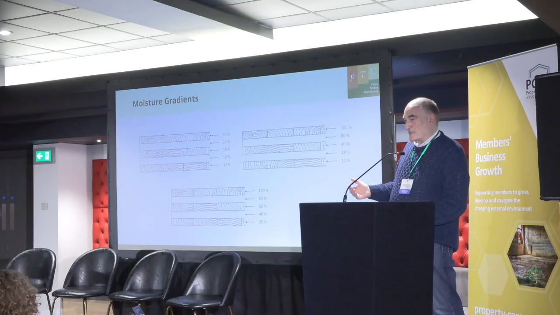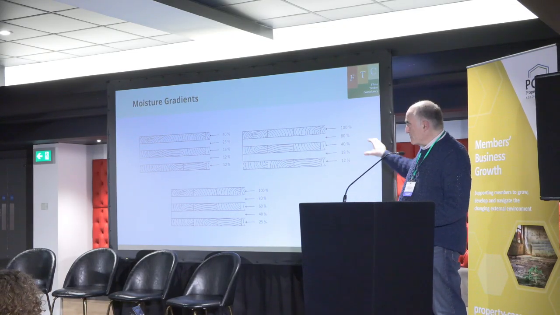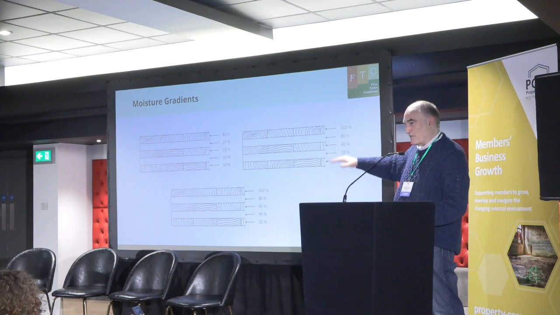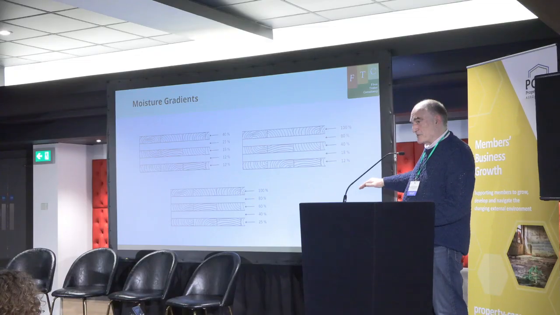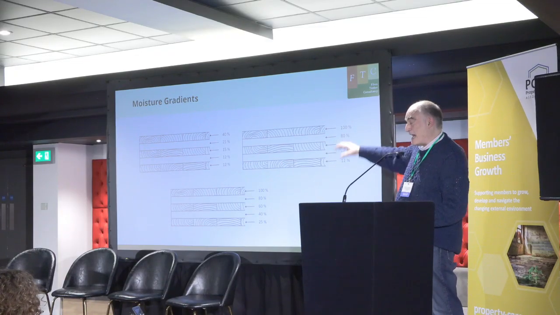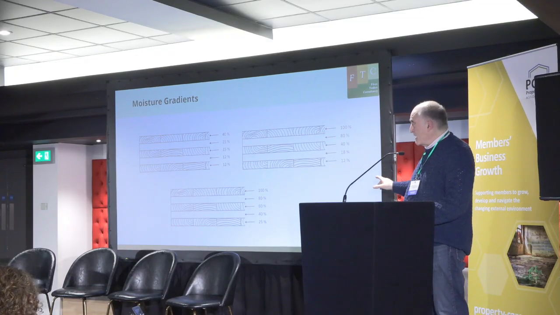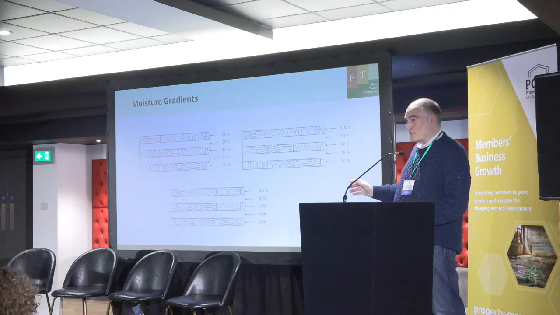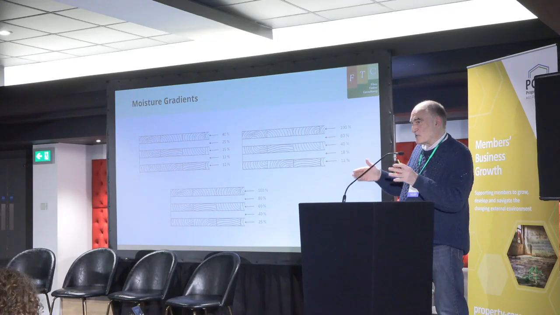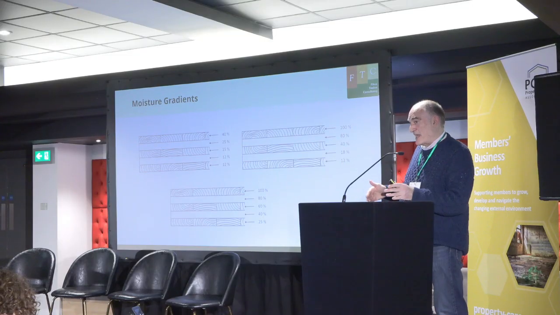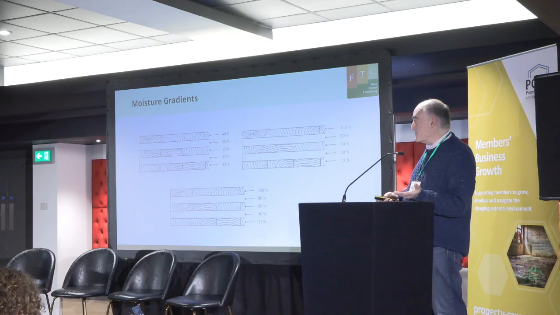So these examples are typical moisture gradients of roofs that we found, from the bottom laminate on the inside to the top of the roof. So we get these different gradients, and we're always worried about how long that's been wet. And if you work out how much water is in the bottom one, there's about 50 to 60 litres of water per square metre sat in that timber, extra above the 12% that we would normally expect.